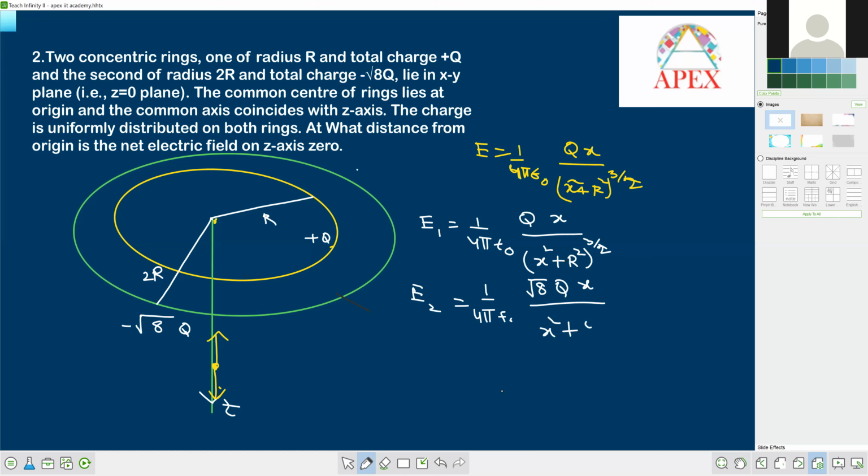So the 2r whole square will be 4r square, whole power 3 by 2. So these two electric field intensities, you have to equate them. Then by solving that, you will get the answer here.